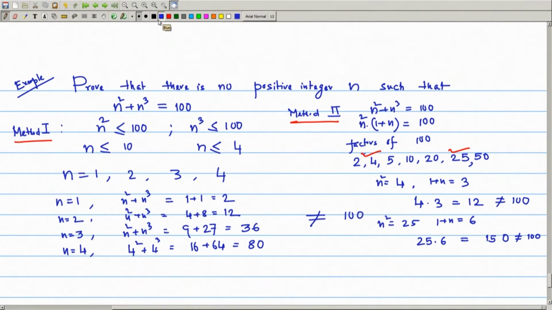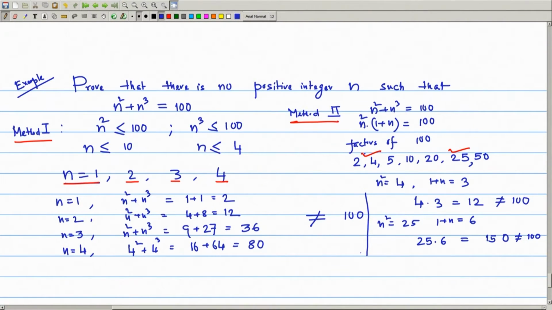First method we have taken n equal to 1, 2, 3, 4, and we have seen whether n square plus n cube equal to 100 or not. Here only the cases are, we have taken n square equal to 4 and n square equal to 25. But see, here also we have taken 2 cases, here there are 4 cases, here there are 2 cases.